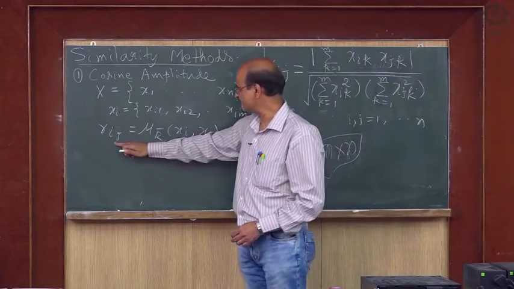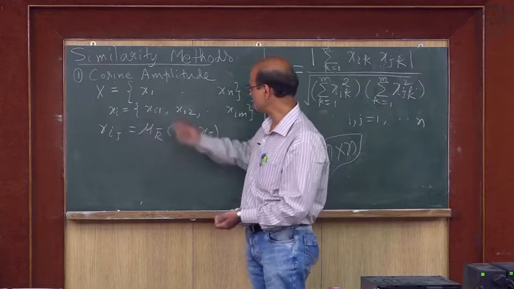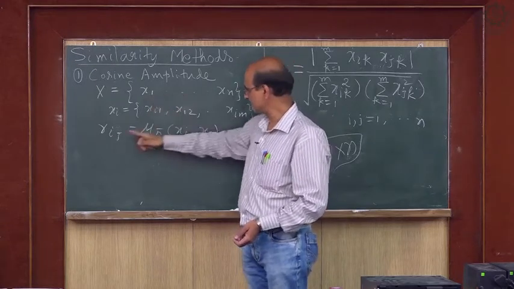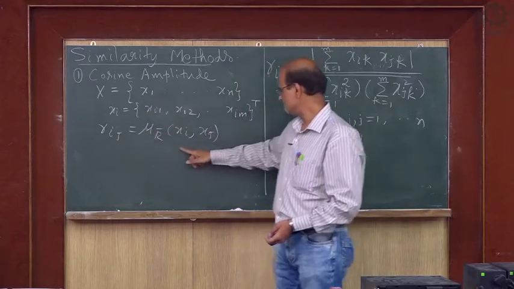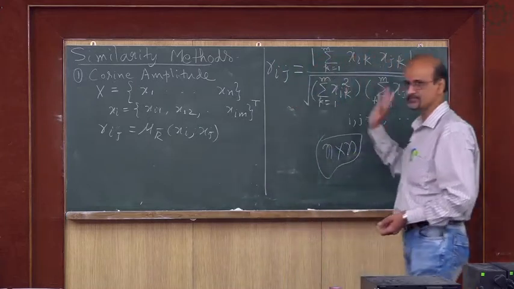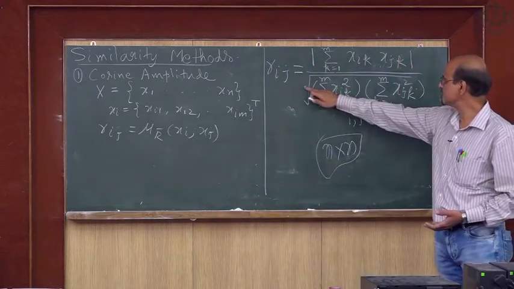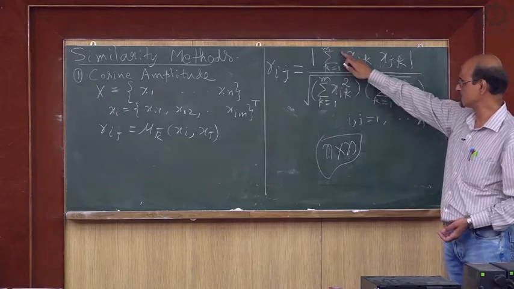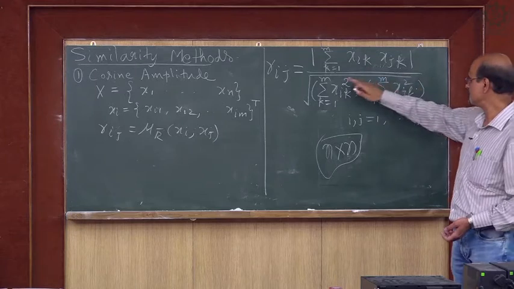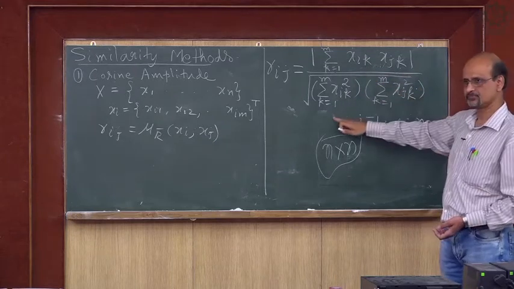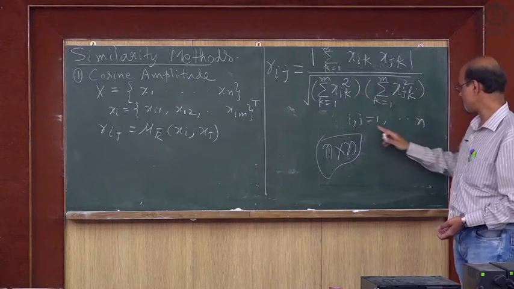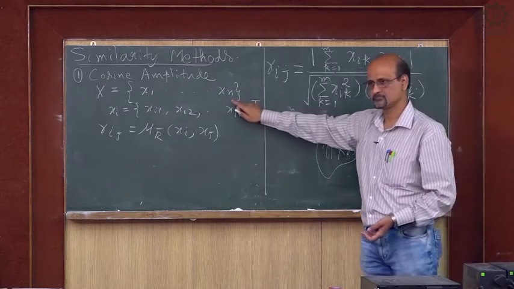And this Rij, that means the similarity relation between the data samples xi and xj, we write as mu r bar of xi, xj, and it is defined as Rij equal to the summation of k equal to 1 to m of xik xjk, divided by the square root of the summation of xik square times the summation of xjk square, where i, j go from 1 to n, okay.